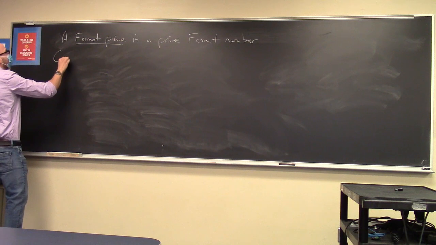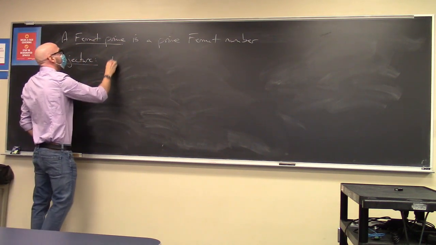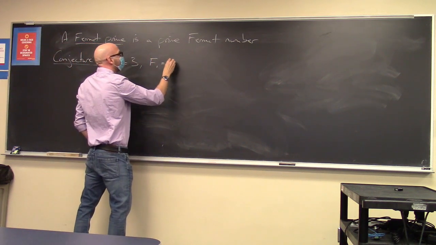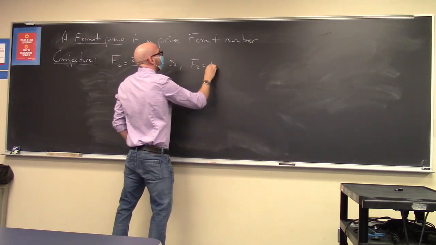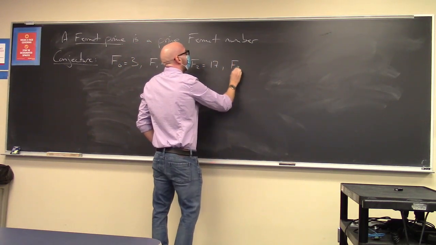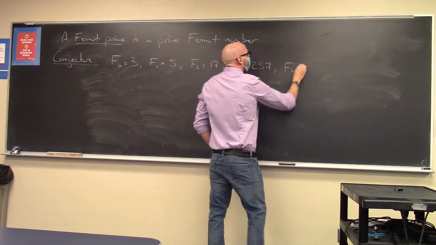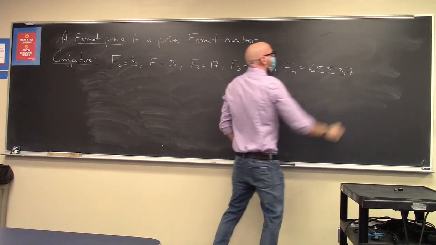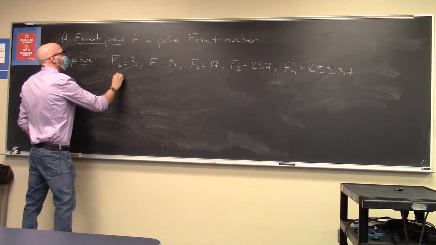And the conjecture: F0, which is 3, F1 equals 5, F2, which is 17, F3 equals 257, and F4, which is 65,537, are the only Fermat primes.